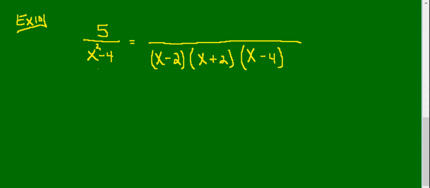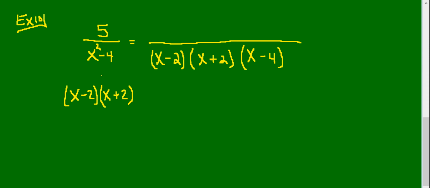This denominator factors to be x minus 2 times x plus 2. That's the difference of two squares. So some of our learning from Algebra 1 or beginning algebra is coming back, that part of factoring. And actually we covered it at the beginning of this class.